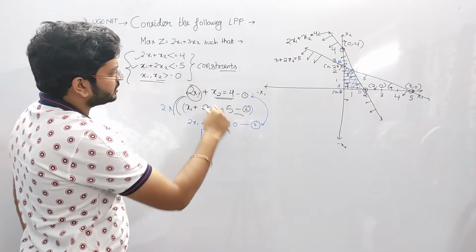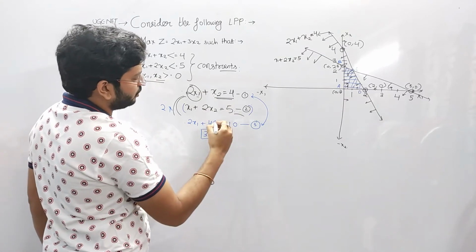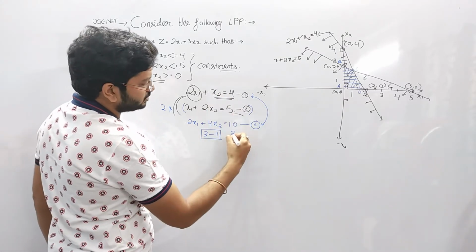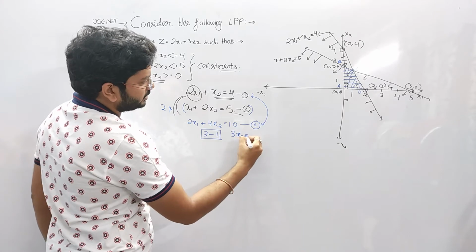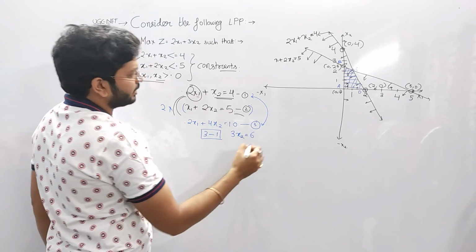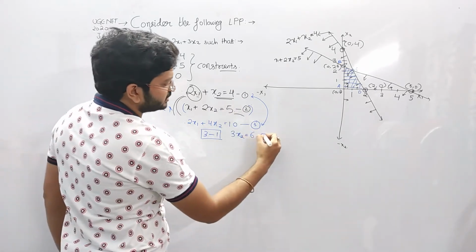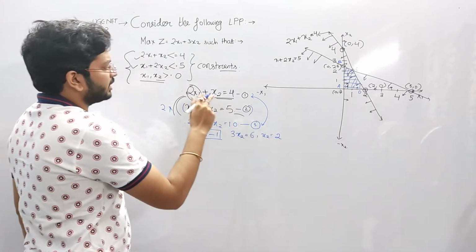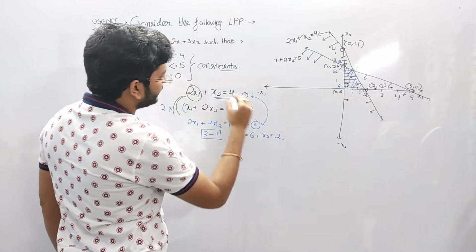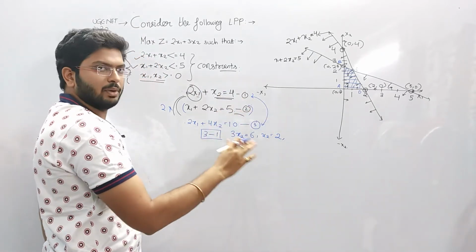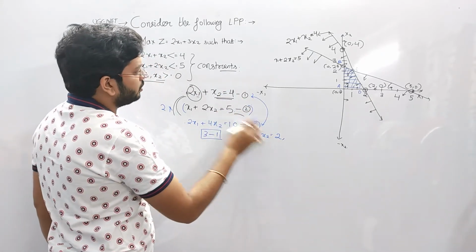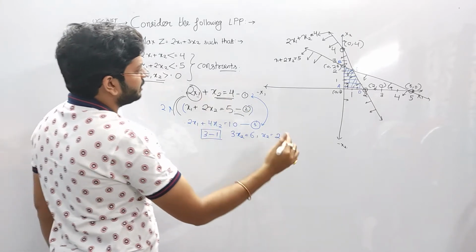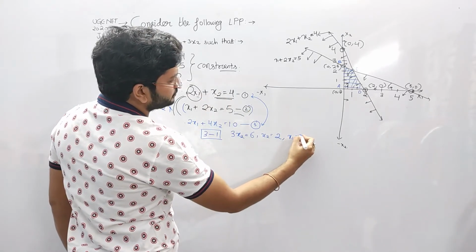By subtracting equation 3 minus 1 we will get 4x2 minus x2, which is 3x2, equal to 6, since 10 minus 4 is 6. That is, x2 will be equal to 2. Simply by putting x2 in equation 1 or equation 2, you may put it anywhere. X2 equal to 2, I am putting it in equation 1, and I get x1 equal to 1.